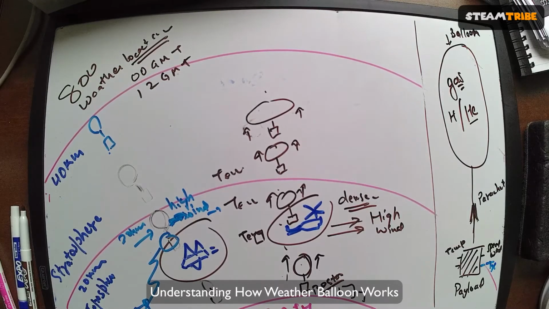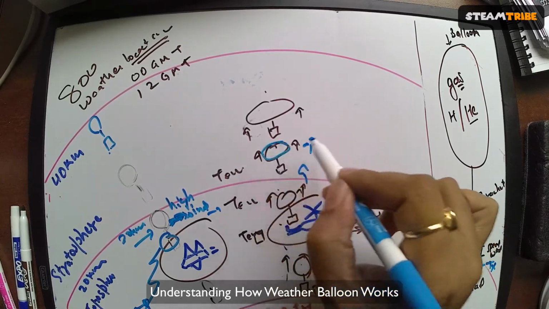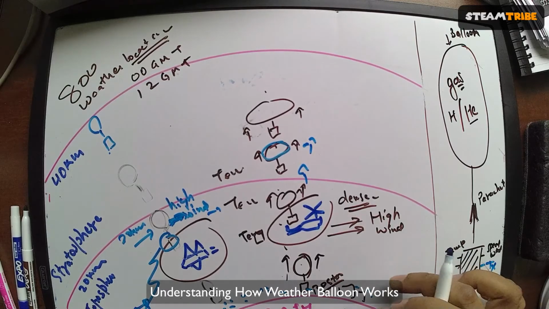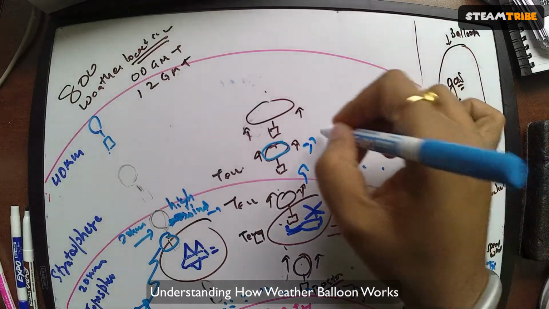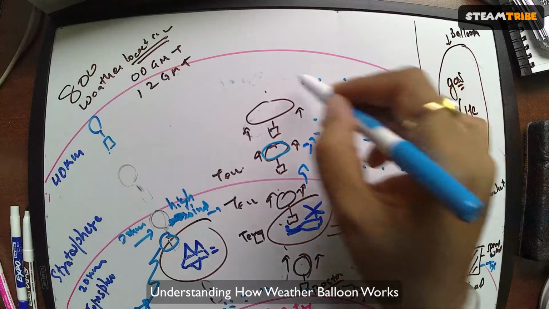Another important thing to note here is, if we keep going up, we see the balloon size increases. And why is that? Because of the Earth's gravity, the air density is pretty high at the bottom, and as we keep going up, the air density decreases. That means the air pressure decreases.